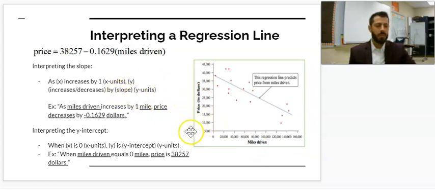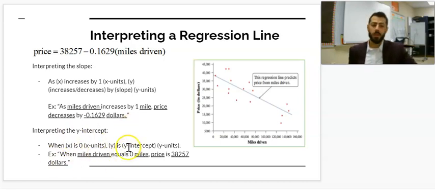And my slope is negative 0.1629. So what I would say is as miles driven increases by 1 mile, price decreases by $0.1629. Or in layman's terms, every time I drive 1 mile, the price of the car is going to decrease by a little over 16 cents, right?